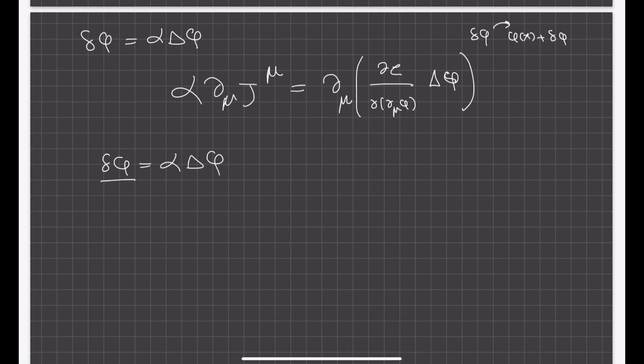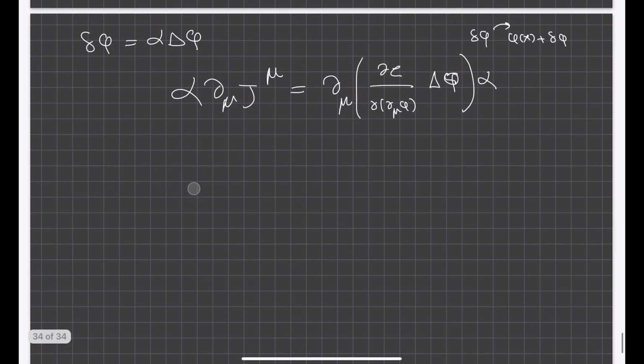It means that the whole operation is done by some arbitrary deformation times some infinitesimal parameter. This infinitesimal parameter controls the strength of the transformation, and delta phi just preserves the arbitrary nature of it. So I just take out this alpha from this term, and my equation turns like this.